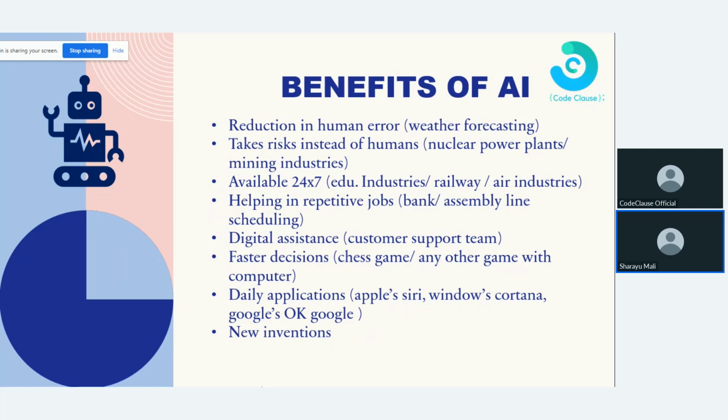They can also help in repetitive jobs, provide digital assistance, and take faster decisions based on past data. Plus, we are finding daily applications like Apple Siri and OK Google, which we are currently using.